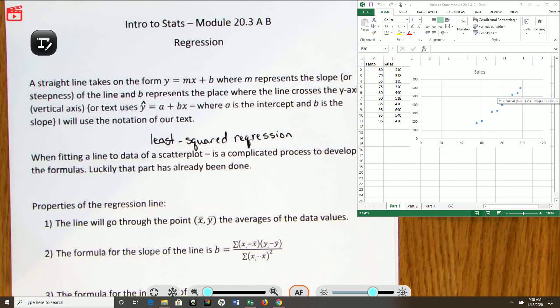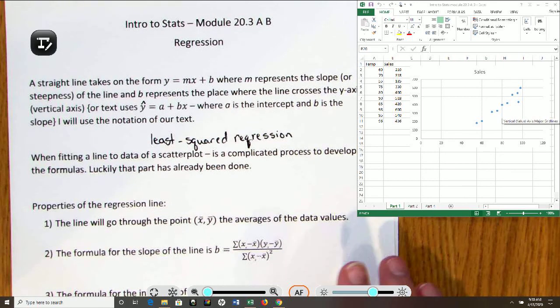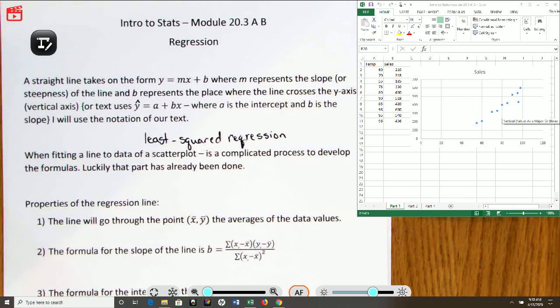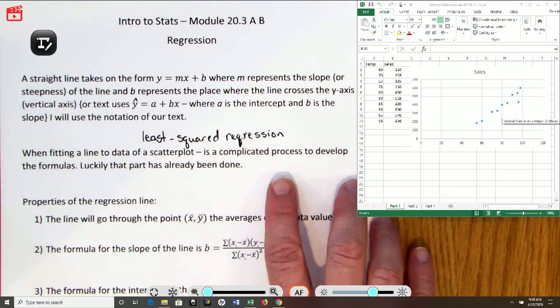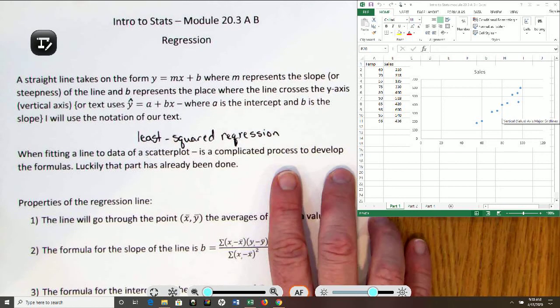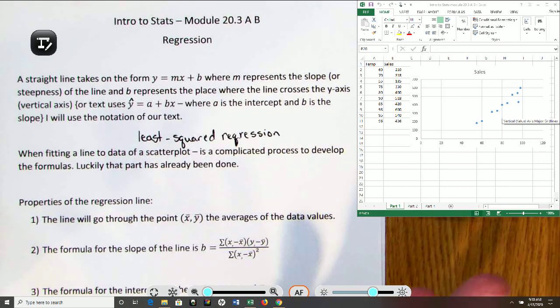It does require calculus, but someone with a calculus background did the work, so we can just use their results. Technology now has all that calculus built in, so we don't have to do hardly anything. Technology is a great thing when it's working. It is a complicated process if we were to do it by hand, but luckily for us, it's already been done.